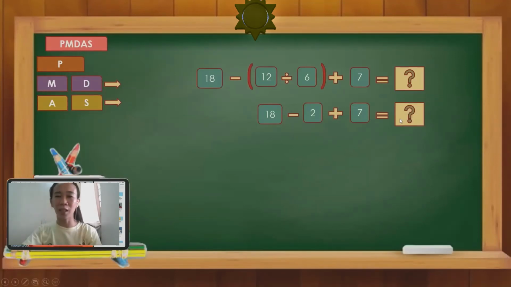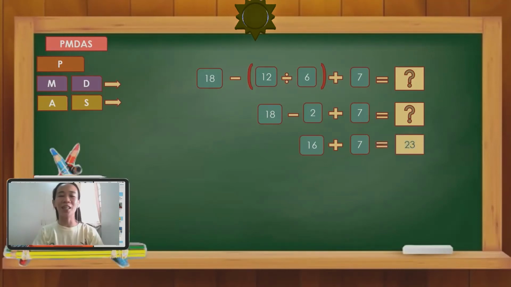Do we have parentheses? No more. Multiplication or division symbol? No more. Then let us proceed to addition or subtraction from left to right. That will be 18 minus 2 is 16 plus 7 is equal to, what's your answer, Guadans? Marvelous, Guadans. That is 23.